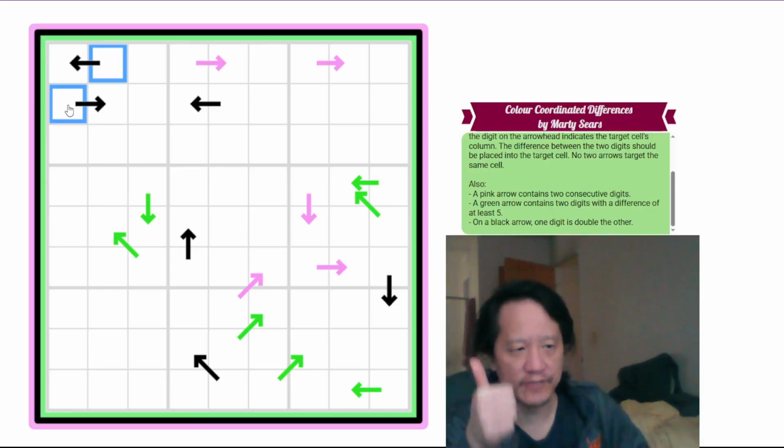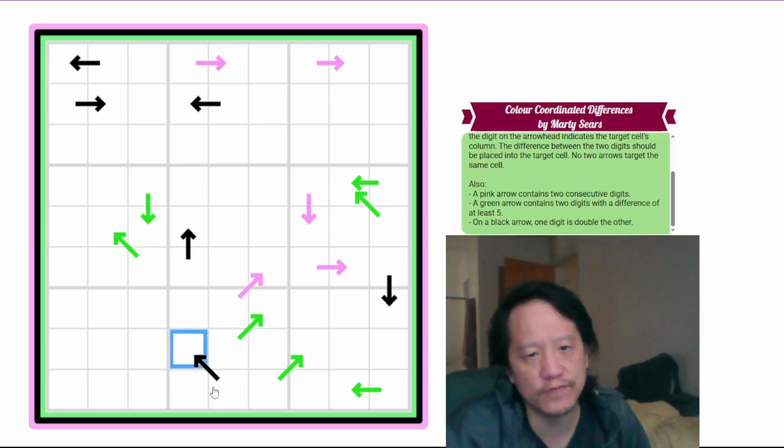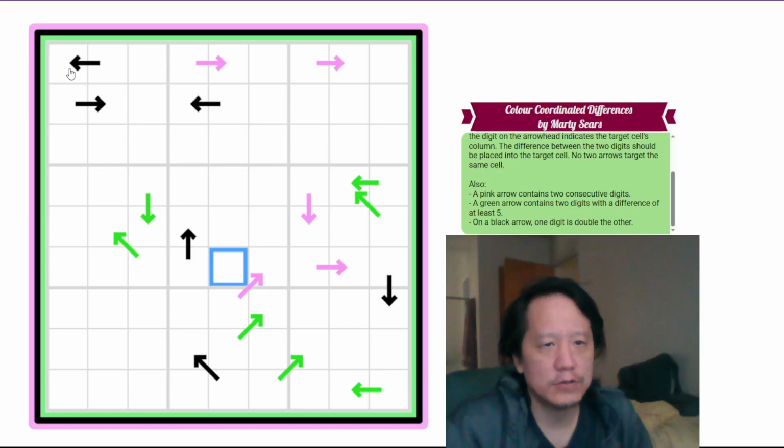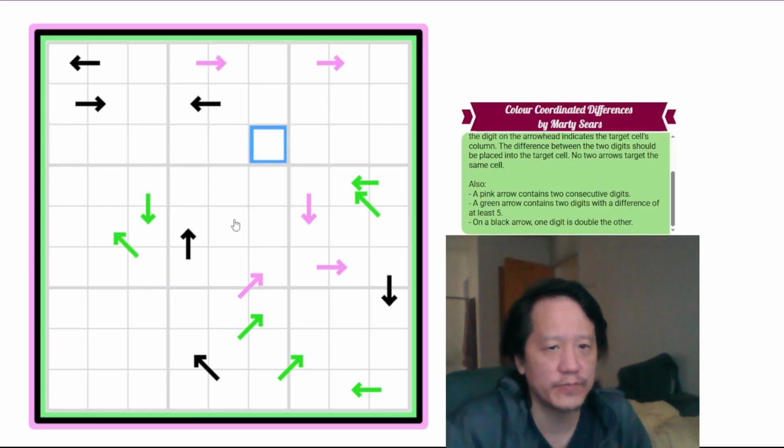So that's 7 then possible arrows. We have 1, 2, 3, 4, 5, and 6. 2 and 4, and 4 and 2, both of those could be satisfied. 3 and 6, and 6 and 3, both can be satisfied.